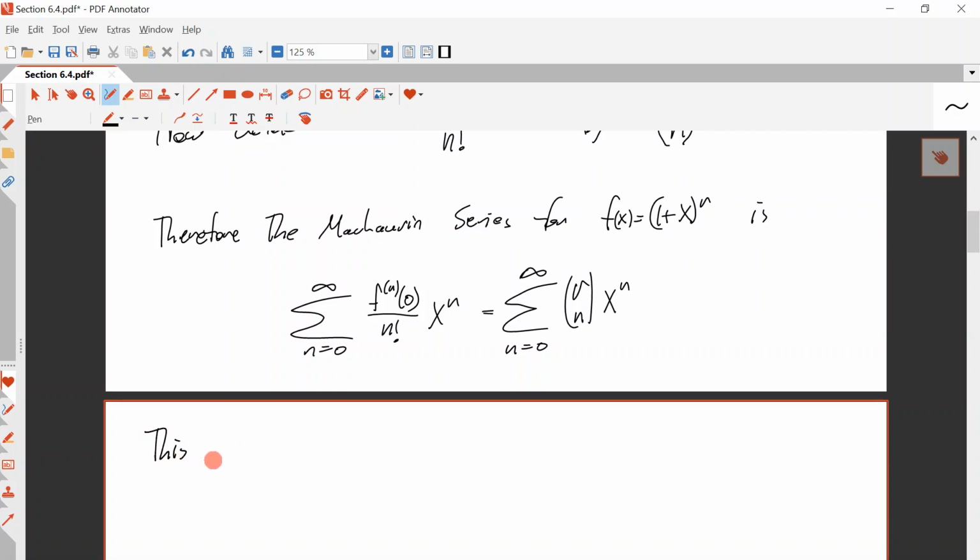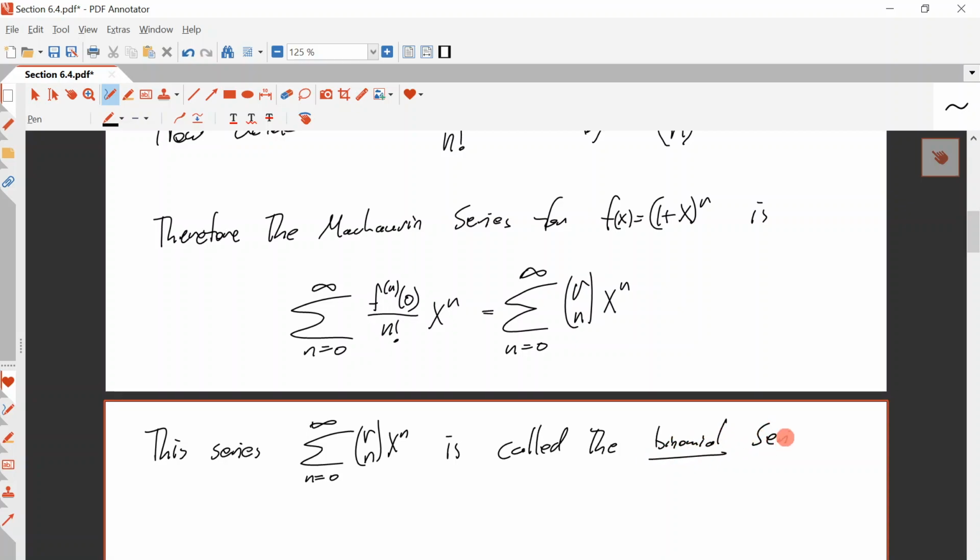The sum from n equals 0 to infinity of r choose n, x to the n, is called the binomial series.